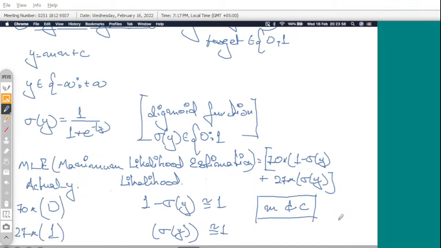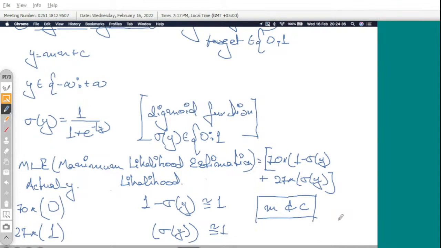MLE, maximum likelihood estimation, is an approach to decide the values of M and C, while the sigmoid function is an activation function that will transform any continuous series between 0 and 1. Okay? So there could be a possible question during the interviews: what is the difference between MLE and OLS?